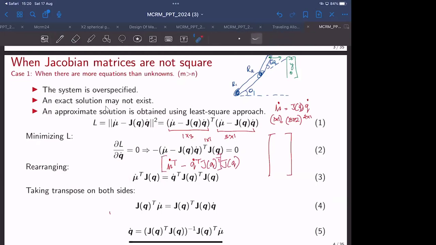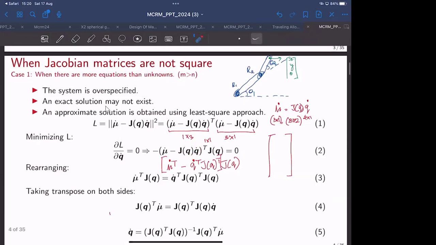Right? Because this is a product of two terms. So (AB) the whole transpose would be nothing but B transpose A transpose. So that is why I've inverted the ordering of these things while I take the transpose. So now we get q transpose, J of q transpose.